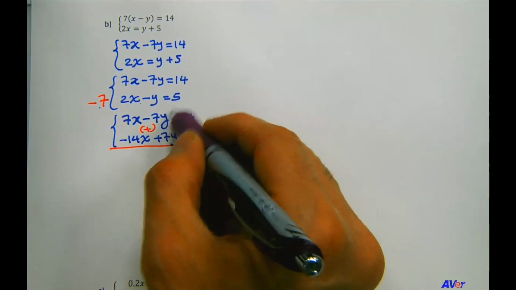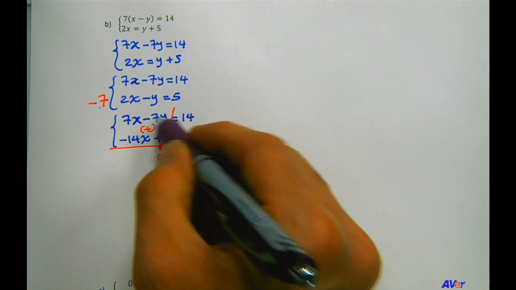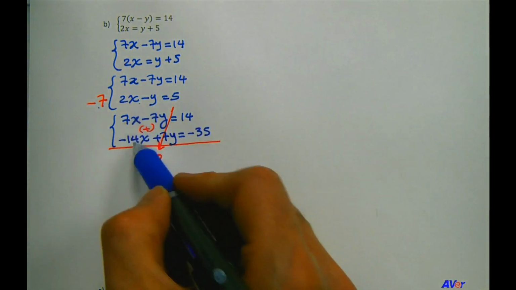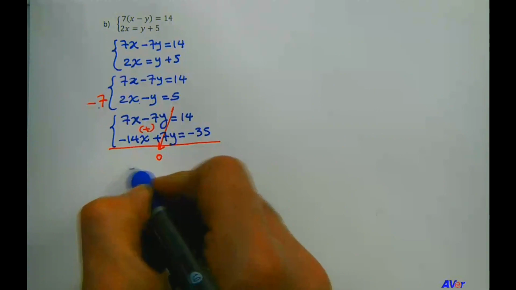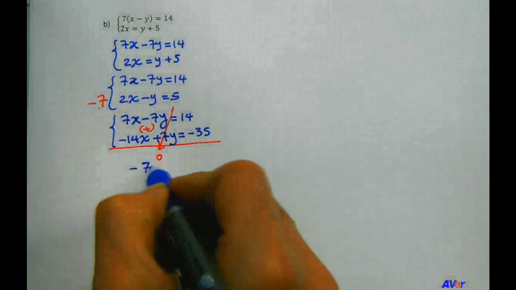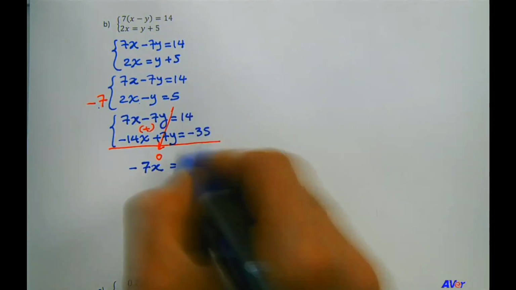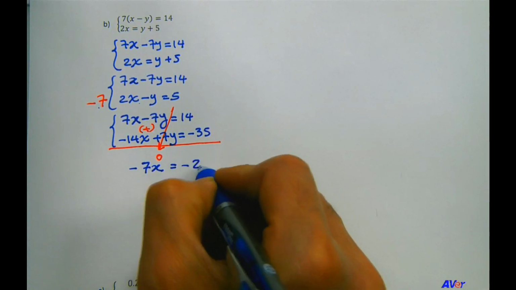All right, as we expected, the y terms add up to 0, right? Minus 7y plus 7y is 0. Now, add the x terms. 7x minus 14x adds up to minus 7x. On the right, minus 35 plus 14, it's going to be minus 21.